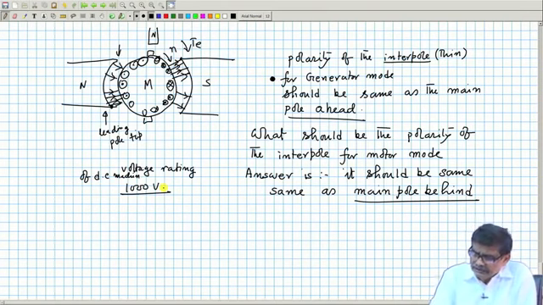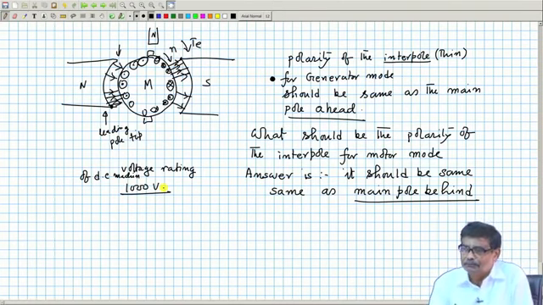Therefore, the DC machine armature voltage rating is about 800 volt, 750 volt, 600 volt. But in the case of induction or synchronous machines, they can have very large voltage ratings, because there is neither commutator segment nor brushes. Commutator segments, as you know, are thin copper strips separated by thinner mica insulation.